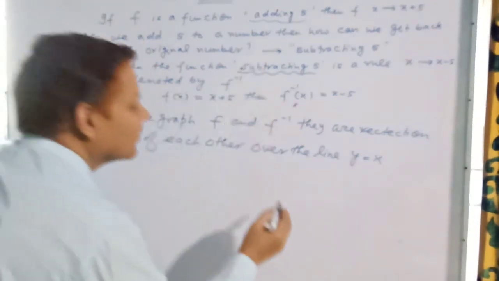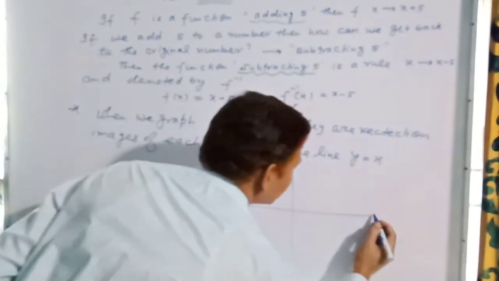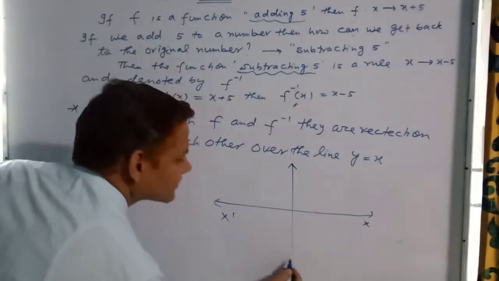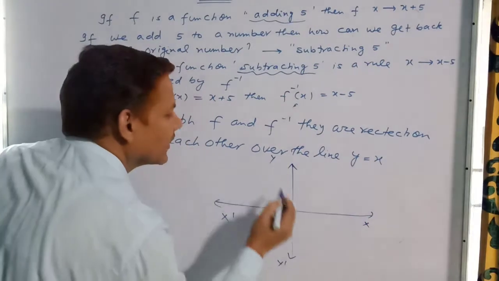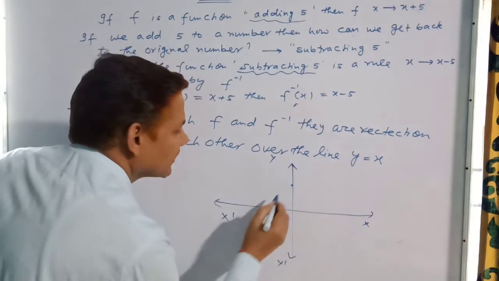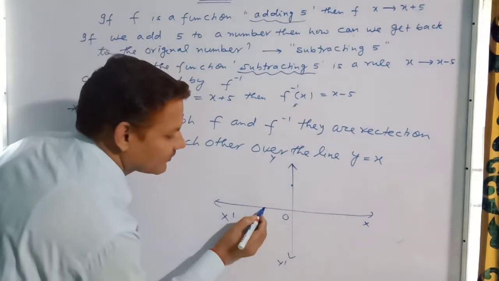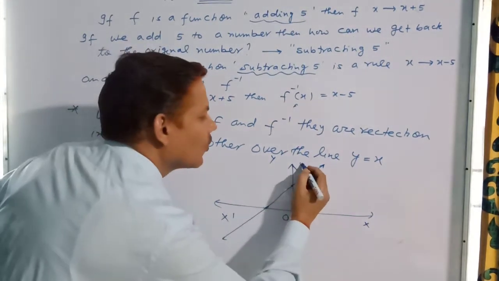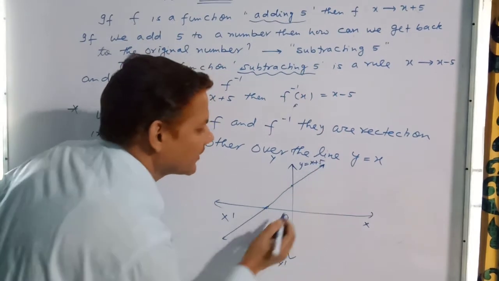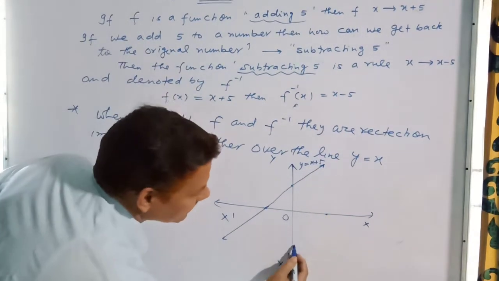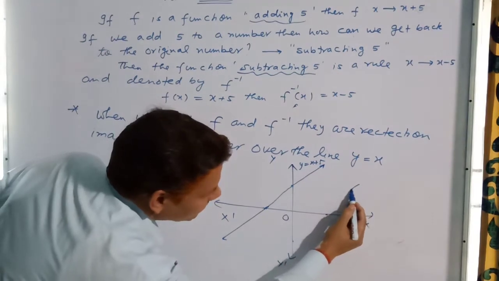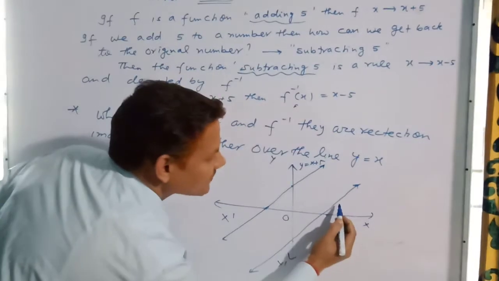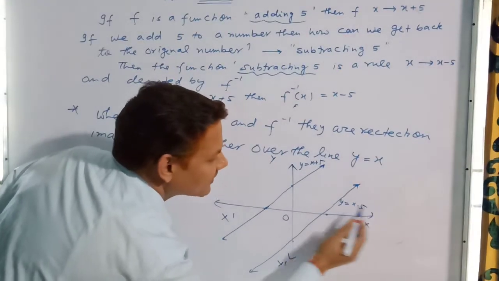It means if we take the previous example, with the x-axis, y-axis and origin, let this be the graph of y is equal to x plus 5, and this is the graph of y equal to x minus 5.